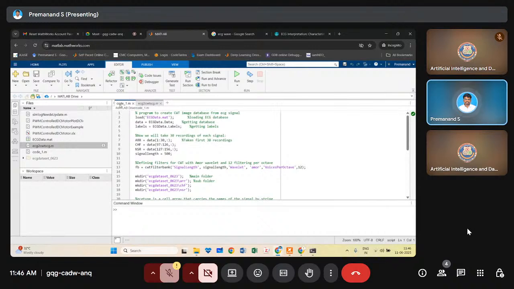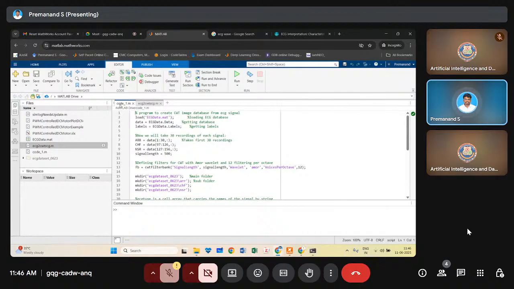The one advantage of converting the signal to the image, that too with the help of CWT, is very famous. Why? Because when we have data in 1D, that is in numerical format, by default we have time based information.